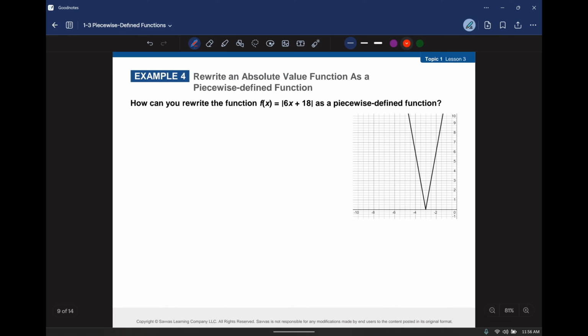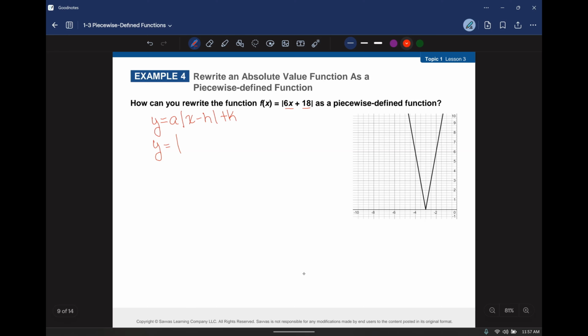All right, so can we rewrite the function f of x equals the absolute value of 6x plus 18 as a piecewise defined function? Well, we have y equals a times the absolute value of x minus h plus k. So I'm going to look, and I see inside here that we have a common factor of 6.